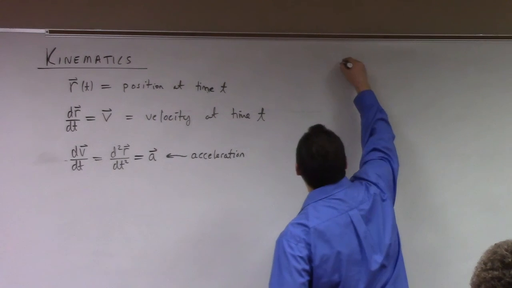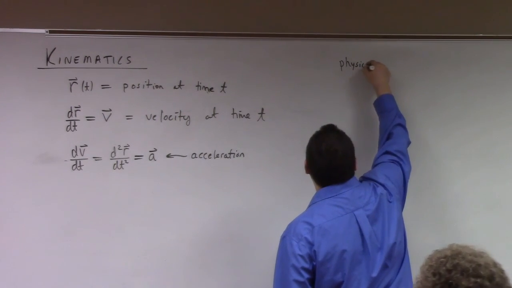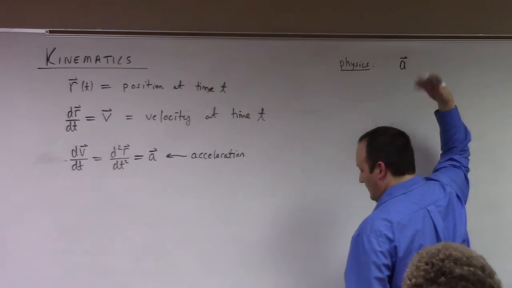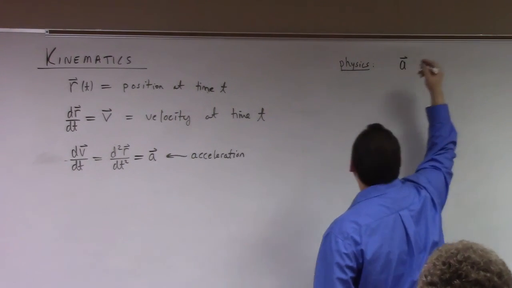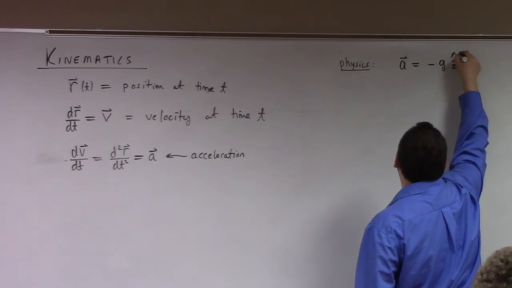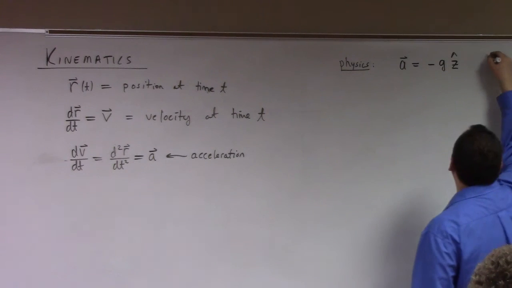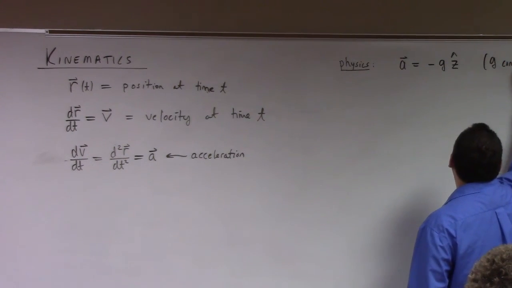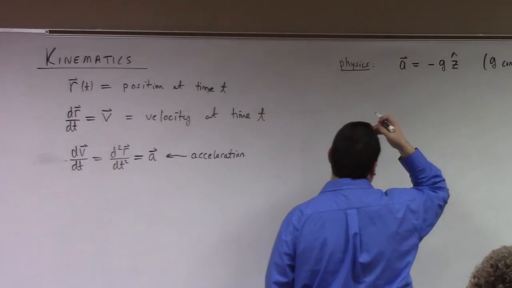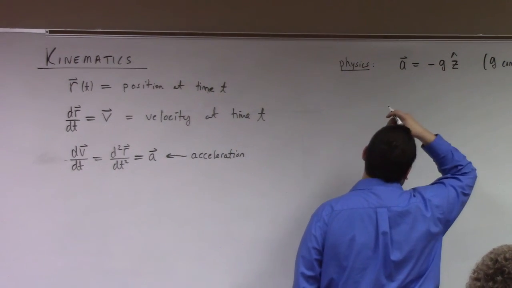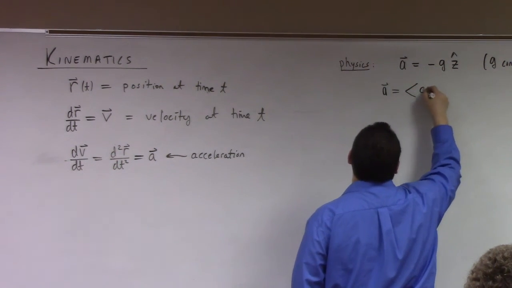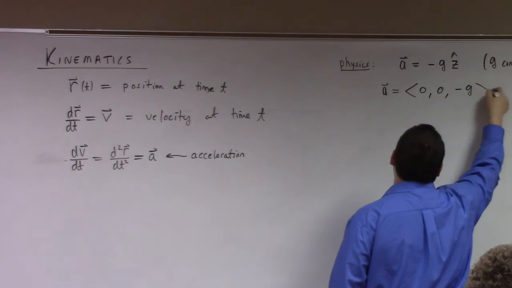Physics tells us the acceleration close to the surface of the Earth, ignoring friction, et cetera, is equal to minus g, let's say, z hat, where g is a constant. So in other words, the acceleration is equal to 0, 0, minus g.